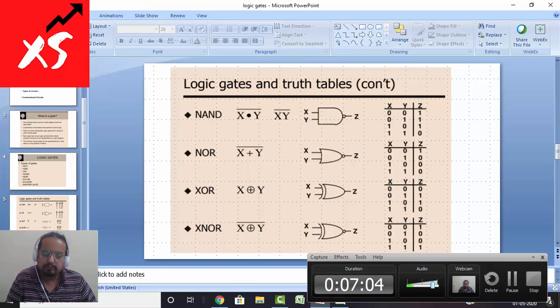Similarly, look at NOR. X plus Y has a bar above it. So first you do the X plus Y OR operation and then you apply a NOT. So for the X plus Y OR operation, what was the output in the truth table? 0 1 1 1, right? So only in one case when both were 0, it was 0. Otherwise, even if one was 1, the output was 1. That was OR.